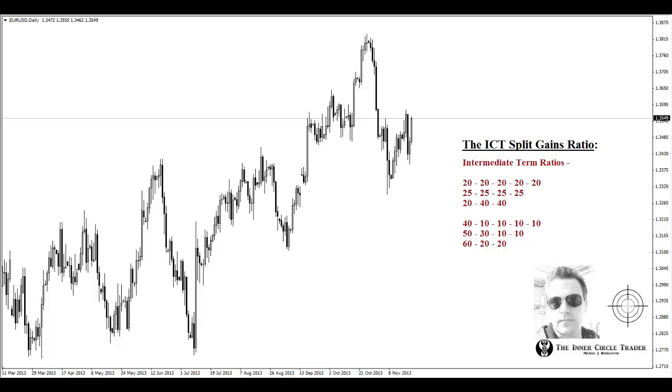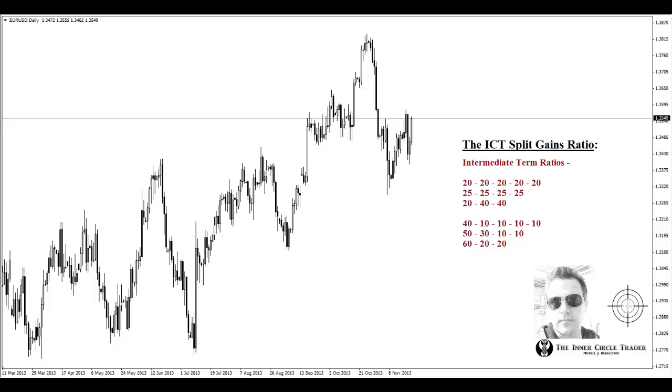In this example, for intermediate term ratios, if you are in sync trading in the higher time frame daily and/or 4-hour directional premise, you can take your profits in stages of 20, 20, 20, 20, 20.